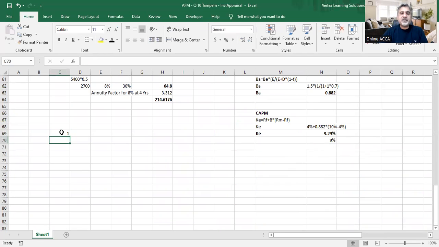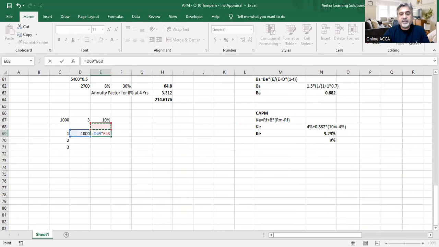And if I have to prove this, remember when I was teaching, not here, but let's suppose we were doing it in FM. Remember, we said that if $1,000 is invested for 3 years at 10%, how much will it be at the end of 3 years? So how do we do that? Year one, 1,000, the profit in year one is this. At the end of the year, you get 1,100.